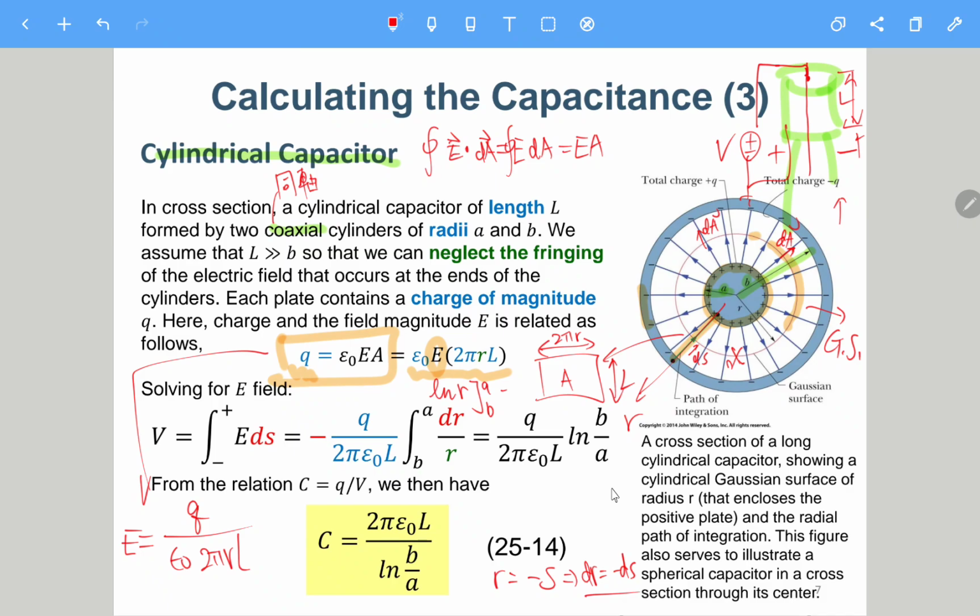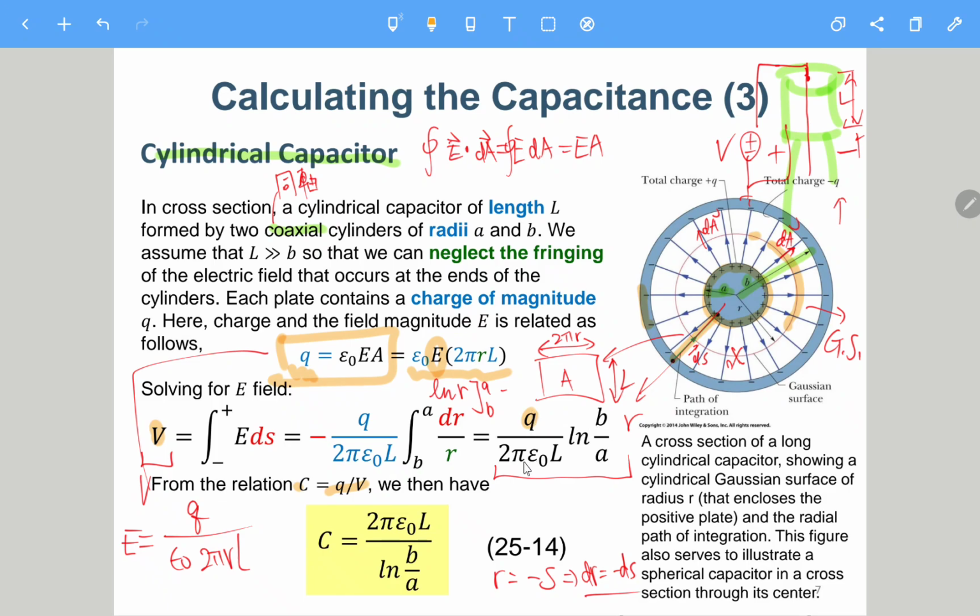So finally, we can just move over the things. You can see on the extreme left, we have V, and on the extreme right, we have this expression. We can see we have V and Q. So finally, we have C equals Q over V, which means that we move V to the right side, and then we move all the things to the left side.